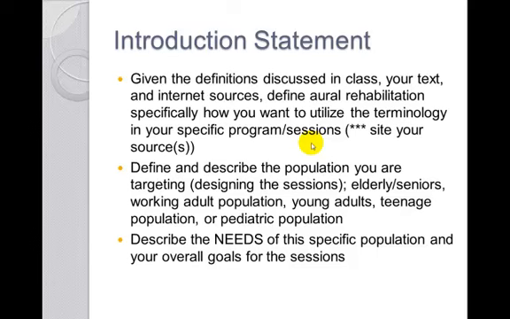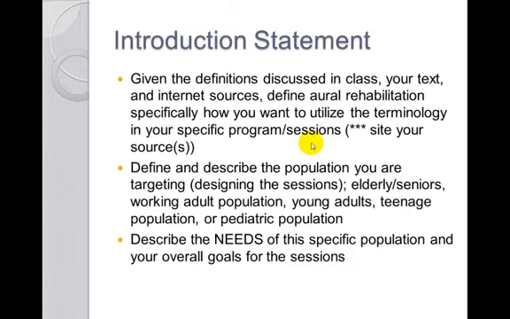So the first is to define oral rehabilitation, and specifically how you're applying that to the sessions you're designing. Then define and describe the population that you are targeting or designing the sessions for. Just like we talked about on a previous slide: elderly or seniors, working adult population, young adults, teenage population, or pediatric. Briefly define the population you're targeting, and I'd also like you to state why you chose that population, why it strikes you as particularly interesting.